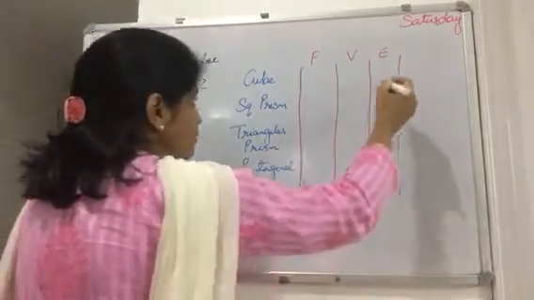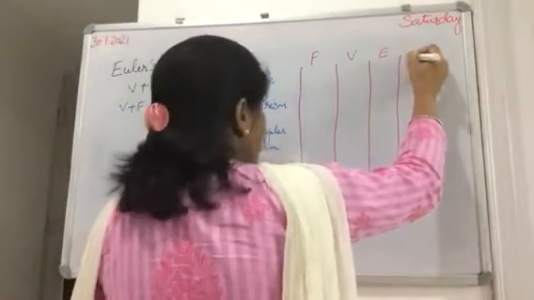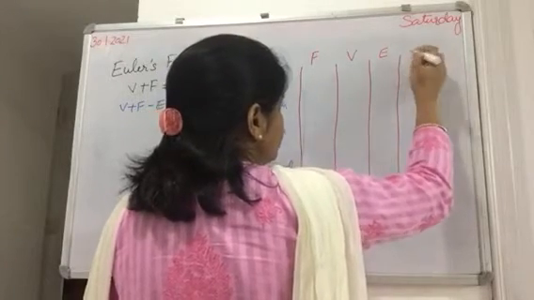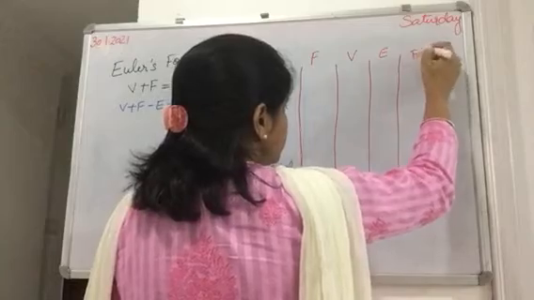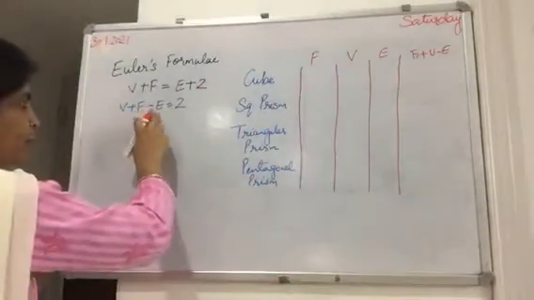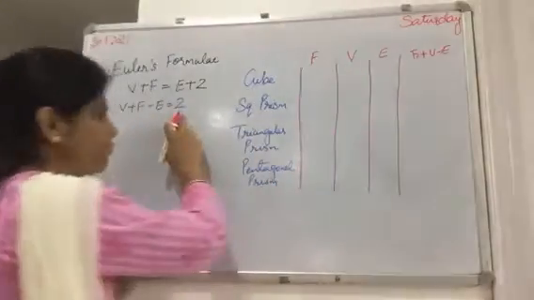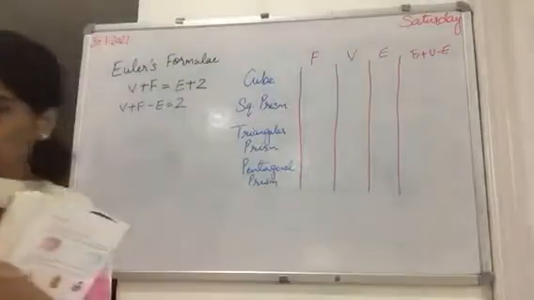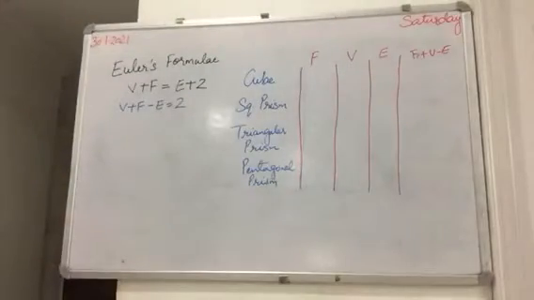Now they have discussed one more formula, that is F plus V minus E. So I told you F plus V minus E will always be equal to 2. So in all the answers it will be 2 only. Let's do it.